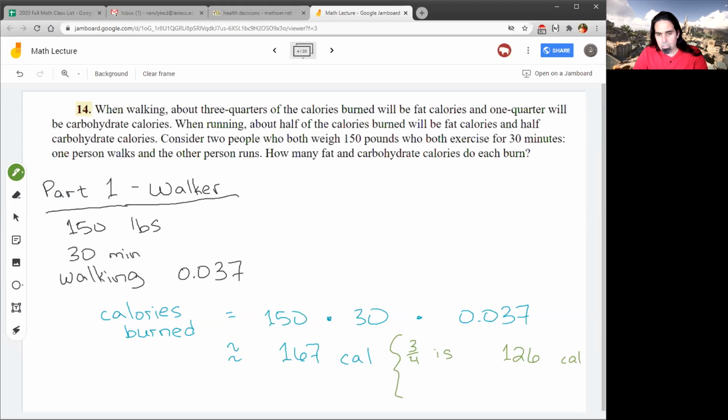And 1/4 of it is about 42. Come on, zoom, there we go.